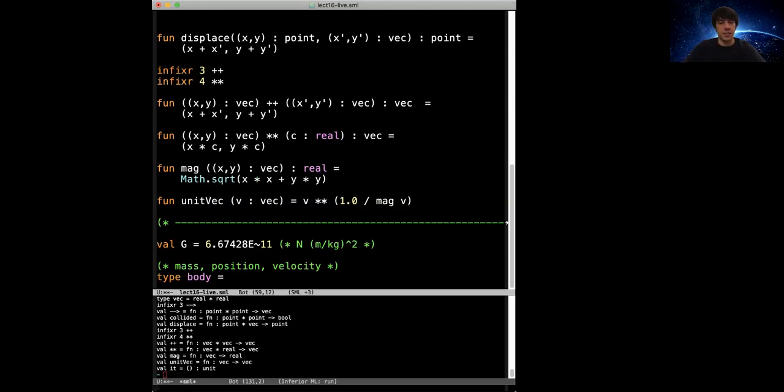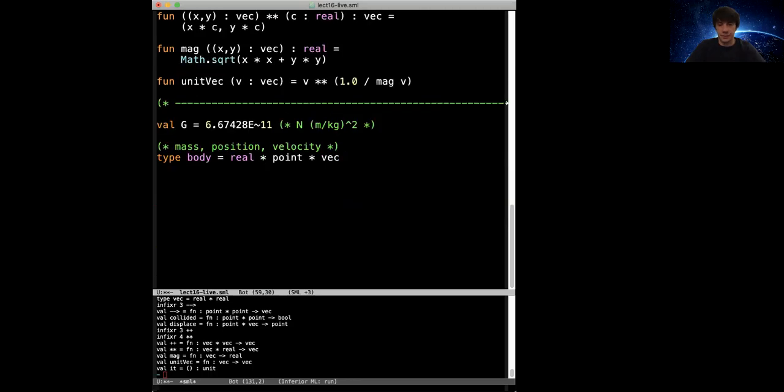And now we have to think about how to represent each of those. Well, the mass is just a number. The position of a body in space is a point, and the velocity we'll do as a vector.